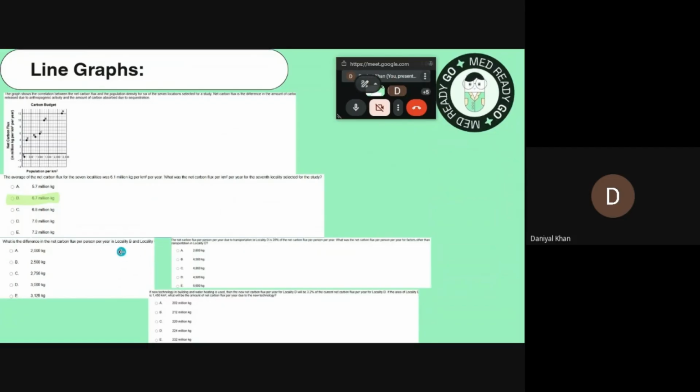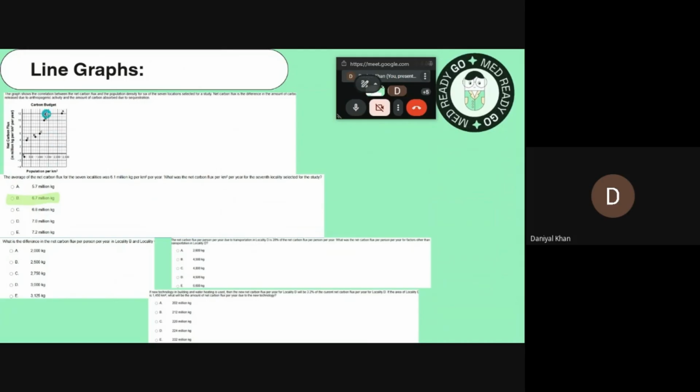Sorry guys, it doesn't really have a question right there, but 2,000 kilograms between B and I think that's supposed to be C. I'm going to just assume it says C, guys.